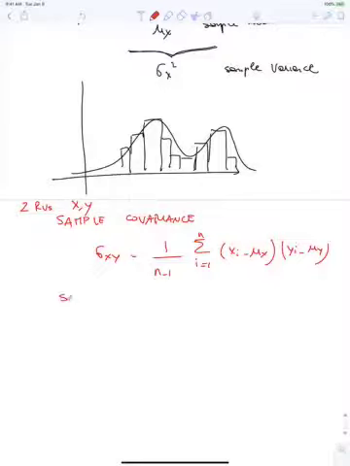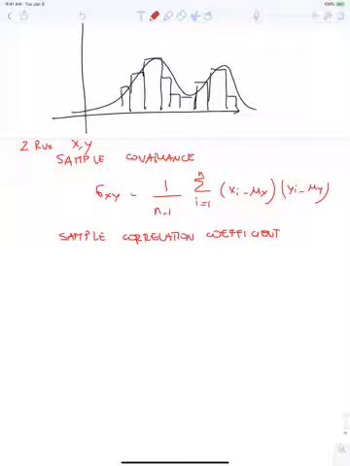And then as a consequence, we have the sample correlation coefficient, which is the covariance sigma xy divided by the standard deviation of x times the standard deviation of y.